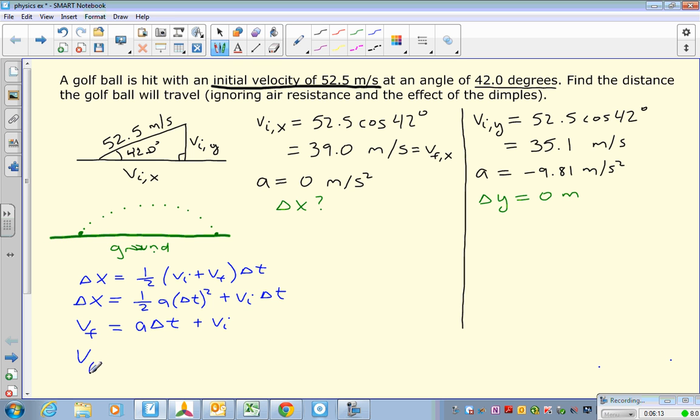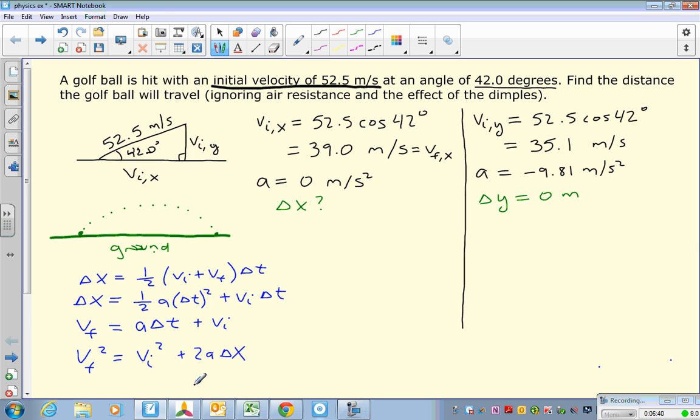Another equation for v final is v final squared equals v initial squared plus 2a delta x, not delta t, delta x. So one thing I want you guys to know about these equations is that delta x is standing for the displacement in one dimension, which means that delta x really could mean delta y if we're looking at the y direction.